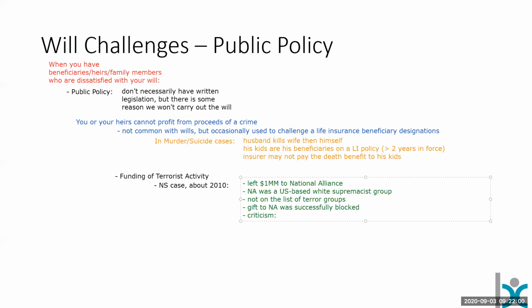Nobody wants $1 million going to an organization like this. The criticism here is that if he had made this gift the day before he died, it would have worked. So basically, because he tried to do this in his will, he was unable to do something that he would have been able to do while he was alive.